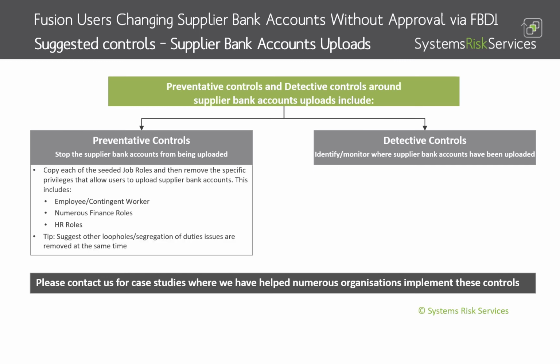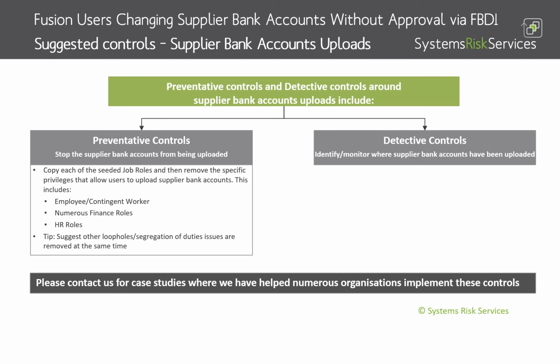If I take the first one around preventative controls, really your challenge around these particular roles is that they are handed out to people that actually require them, be they in terms of HR or in finance, but they're also embedded in the employee and contingent worker roles.